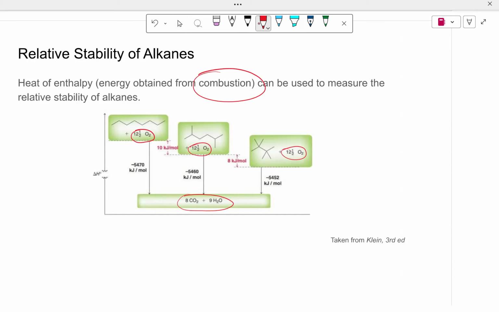The rule of thumb is the least amount of energy released, or the smaller that value, the more stable the compound it came from. Because you can think of it like the larger the value, the more pent up energy there is, potential energy in that compound. And more energy, just to review, more energy means less stability. Less energy means more stability.